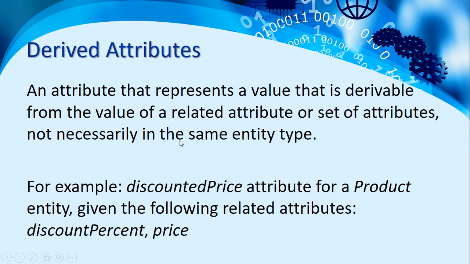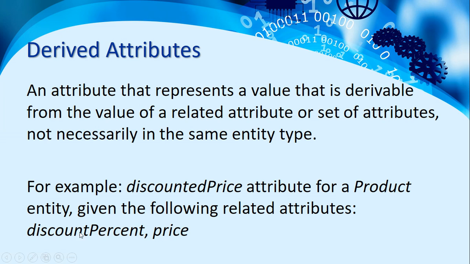Anyway, to further explain that, let's say for example in the product entity, then we have this discounted price na attribute. So itong discounted price na attribute, this is an example of a derived attribute. Kasi yung value niya is na-derive or nakuha galing sa existing na attributes ni product.